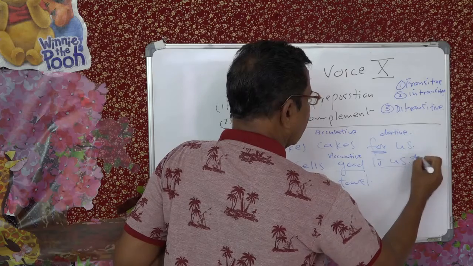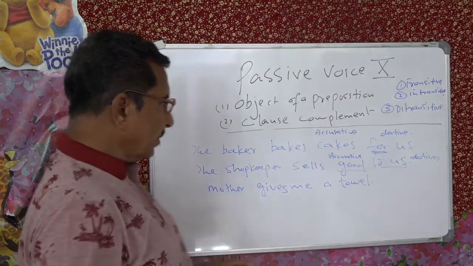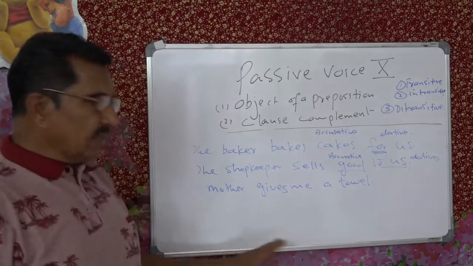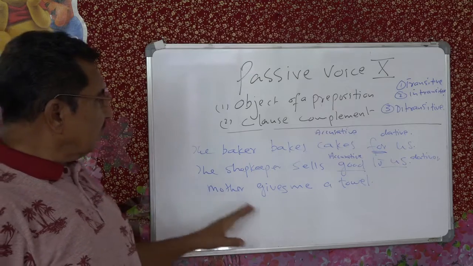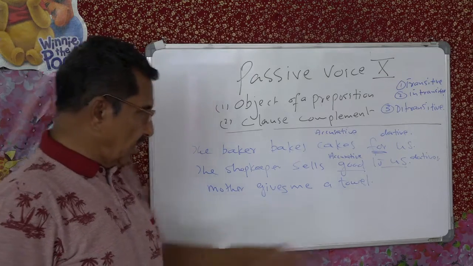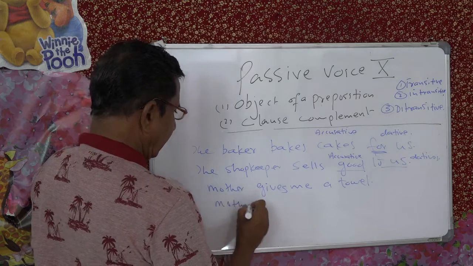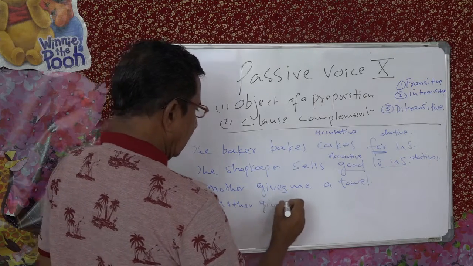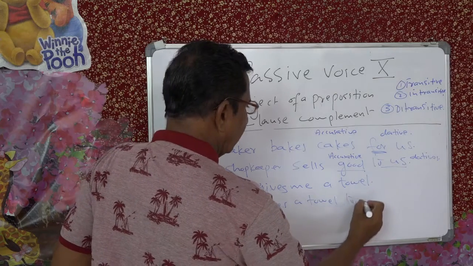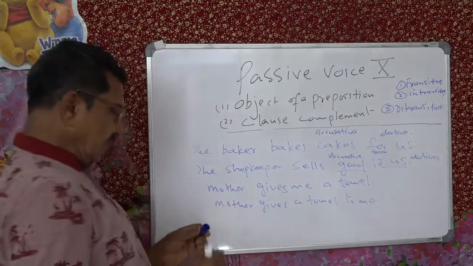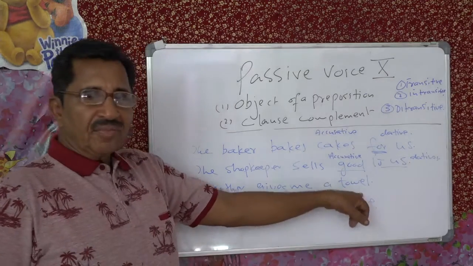So I told you, datives can appear either after for or after to, or without any preposition, but the preposition is understood. What is understood is to. See, for example, mother gives me a towel. That can be rewritten as mother gives a towel to me. So actually there is an indirect object, but it comes before the direct object.